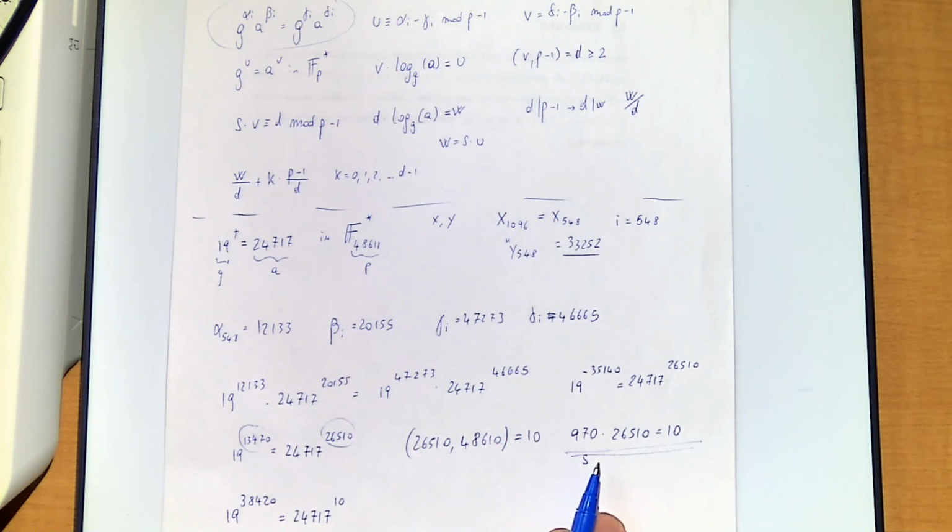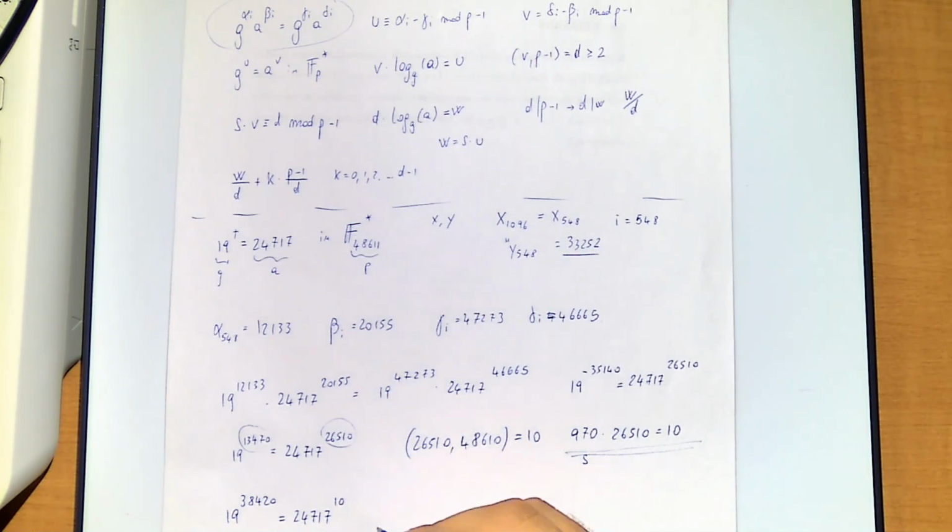This we know because we have this. Now I can proceed. 10 times the log that I'm looking for is 38420. Yes? And the log that I'm looking for is going to be 38420 divided by 10.